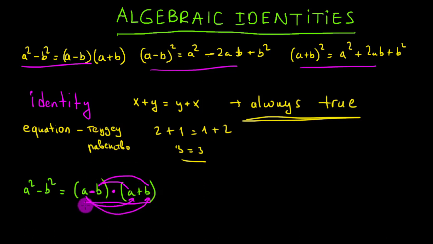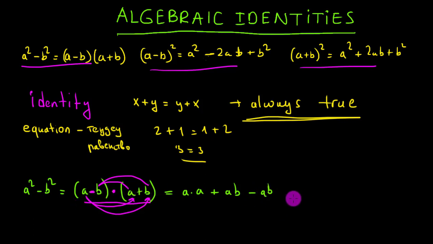So a times a would be a square. a times b, first case, is plus ab. Minus b times a will be minus ab.